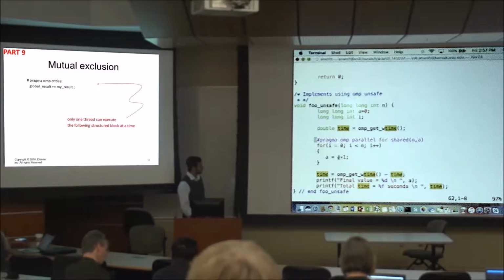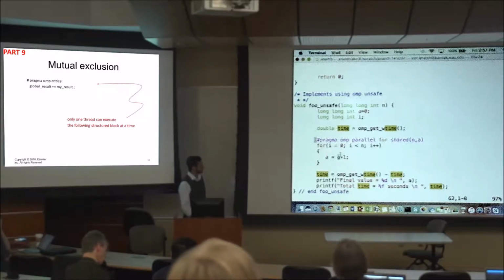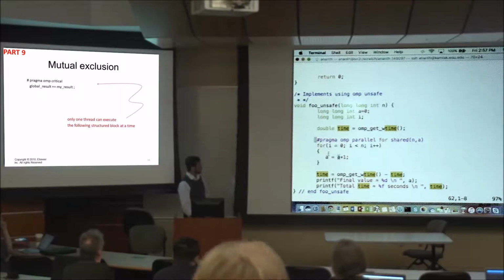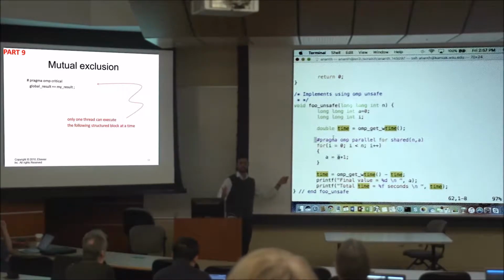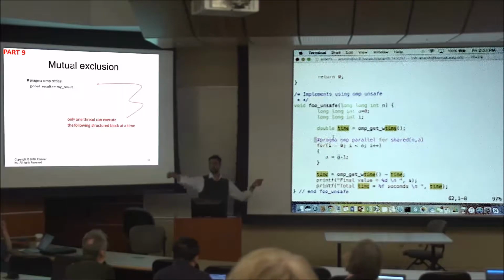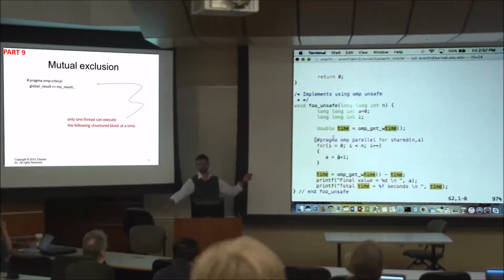So the variable a inside this for loop is used in both read and write mode. What we expect is that if you run your serial code, whatever answer you get, this parallel code should also generate the same answer.